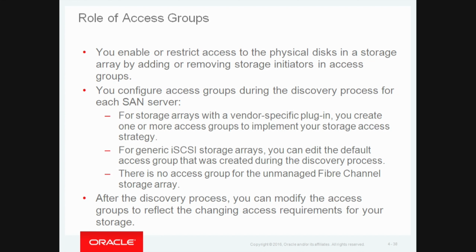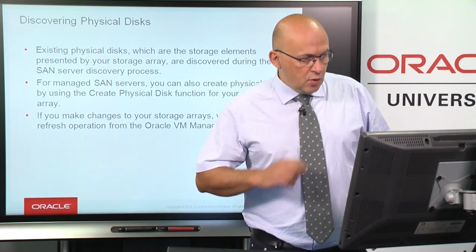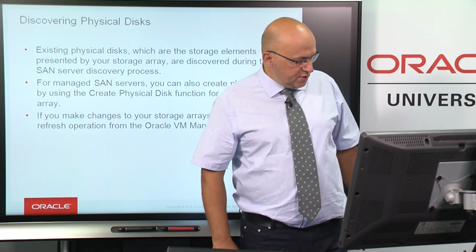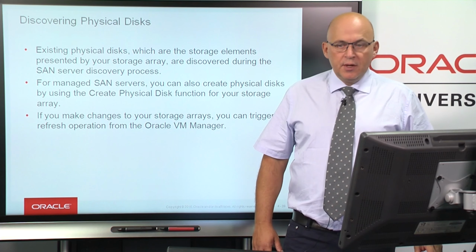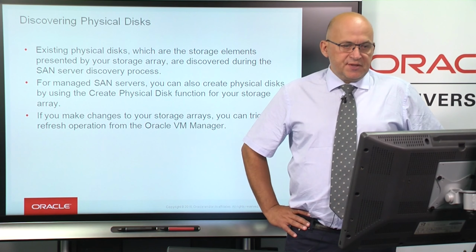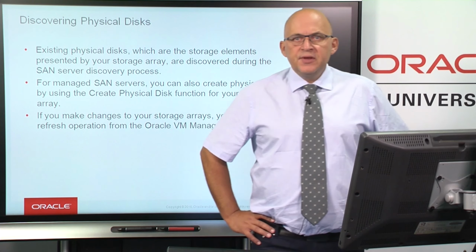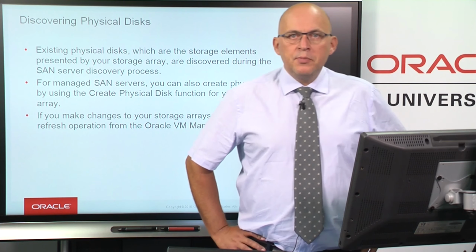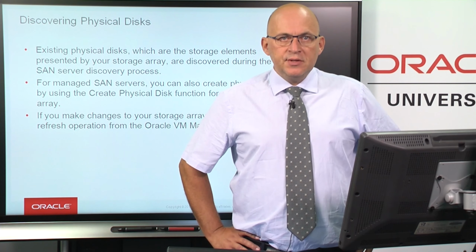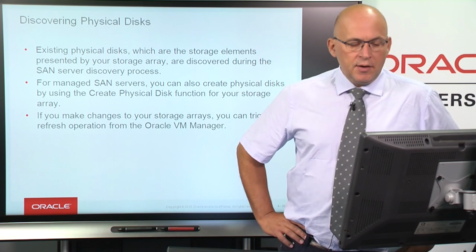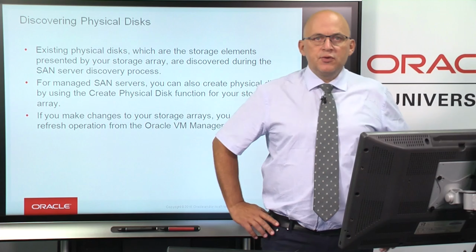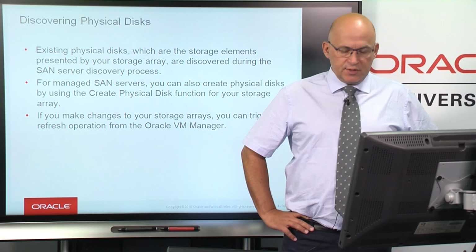Sometimes after this discovery process, you can proceed to modify the access groups, maybe to reflect changes that have been made, and put the correct settings for your storage. Discovering physical disks: existing physical disks that are already part of the storage elements presented by your storage array are discovered during the SAN server discovery process.